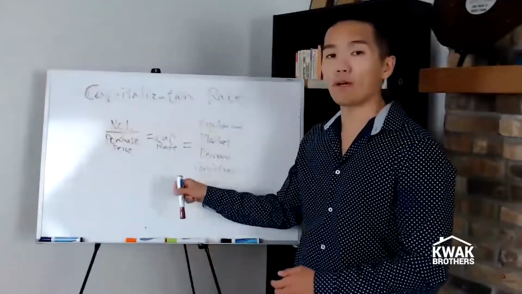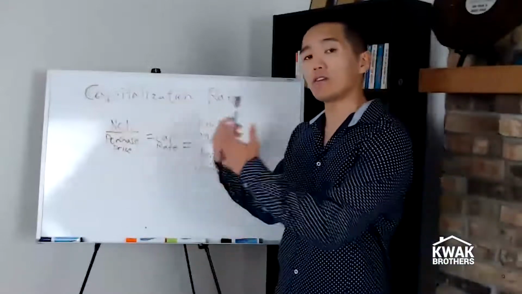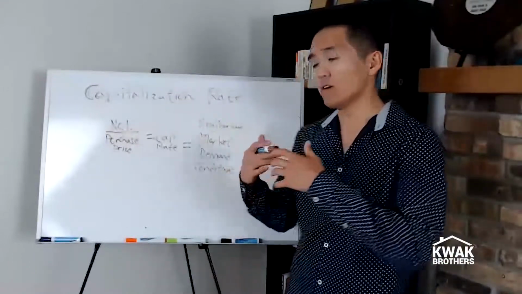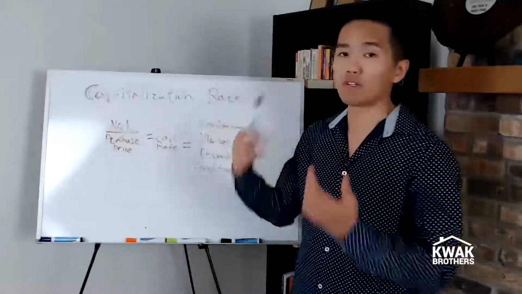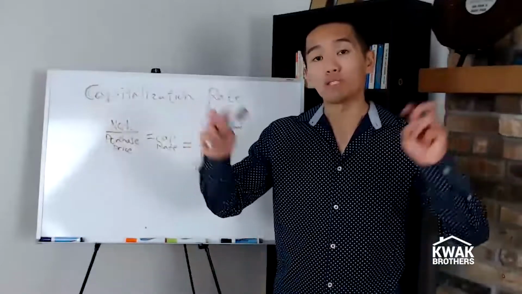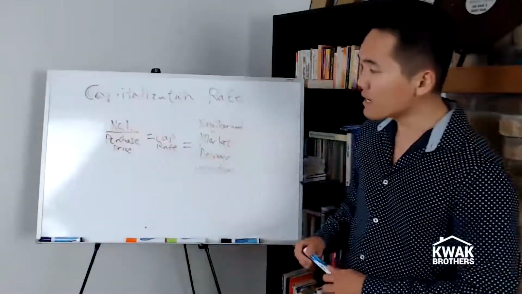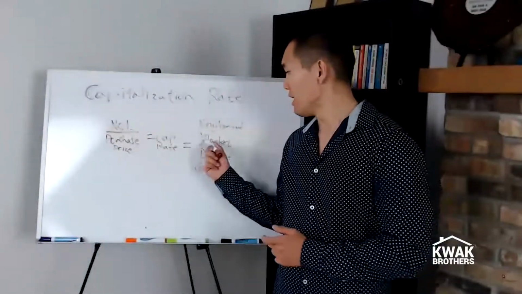The lower cap rate typically represents less risk, right? With a higher cap rate, we're paying a lower purchase price, and we're dealing with riskier areas or areas that may not be quote unquote top of the line, right? The reason being is that we're looking to get a discount, so to speak, on the risk, right?